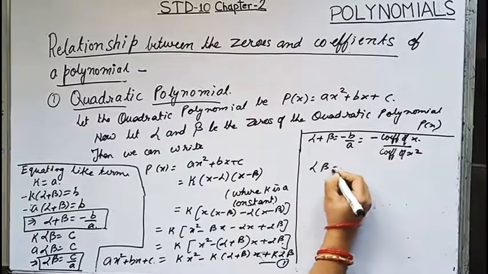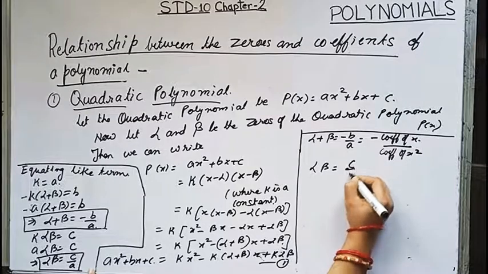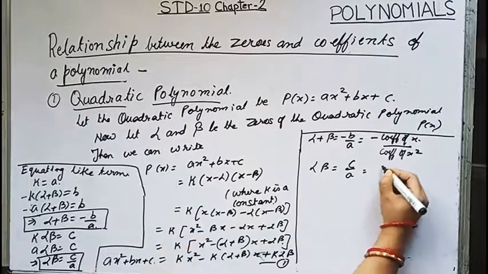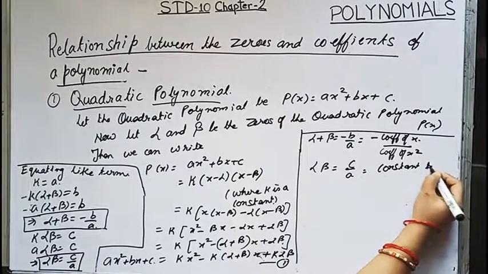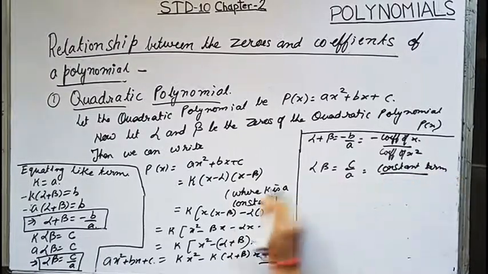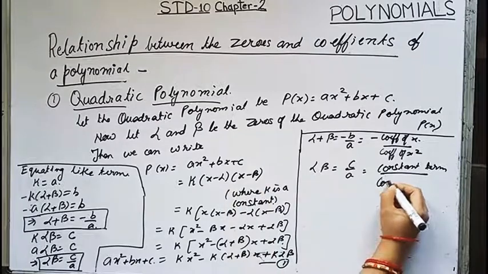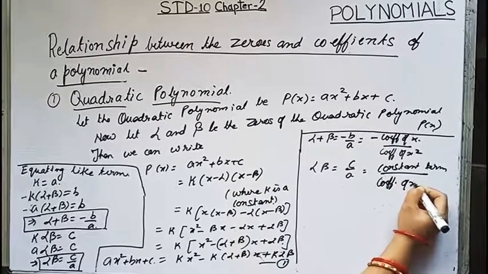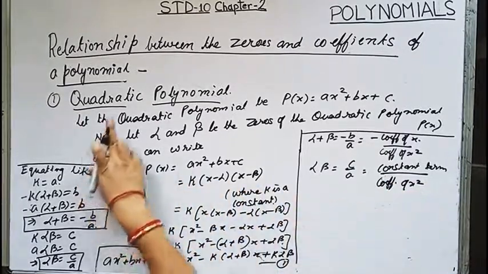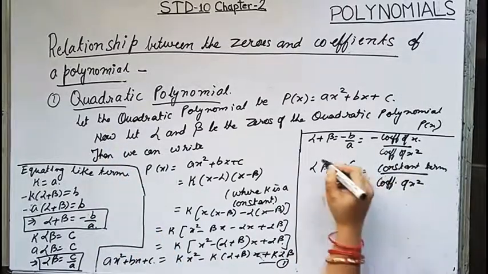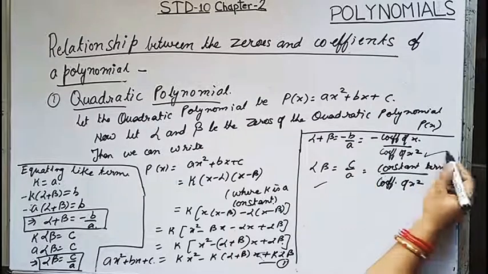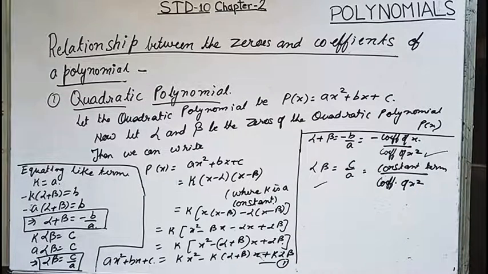Again, alpha beta we got as c by a. This c is the constant term, and a is the coefficient of x square, so alpha beta equals constant term divided by coefficient of x square. This is the relationship between the zeros and the coefficients of a quadratic polynomial. Let us go to the cubic polynomial.